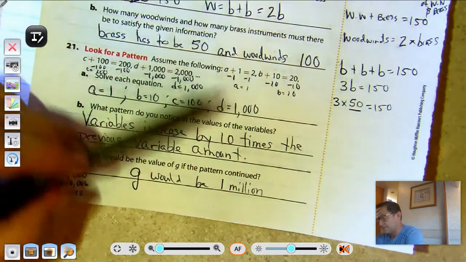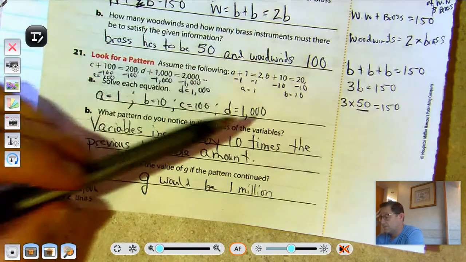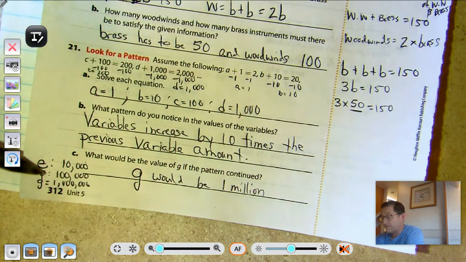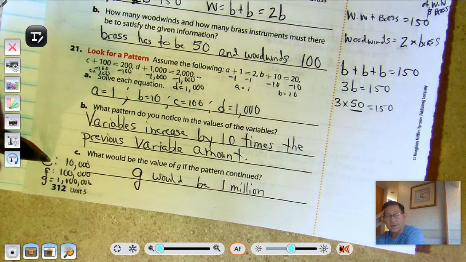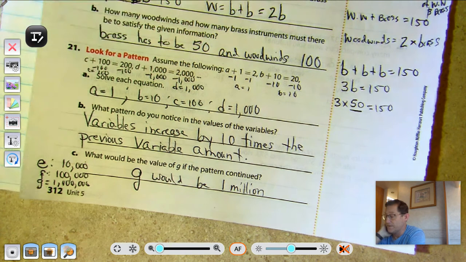Well, again, it's just increasing by 10 from the previous one. So if I multiply D by 10, I'm going to add a 0. Then if I multiply E by 10, that'll give me F, which would be 5 zeros. And if I multiply F by 10, it would give me G with 6 zeros, or 1,000,000.